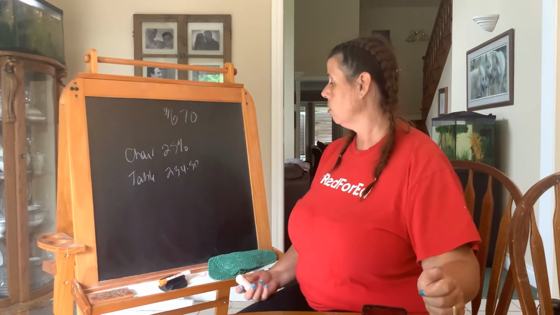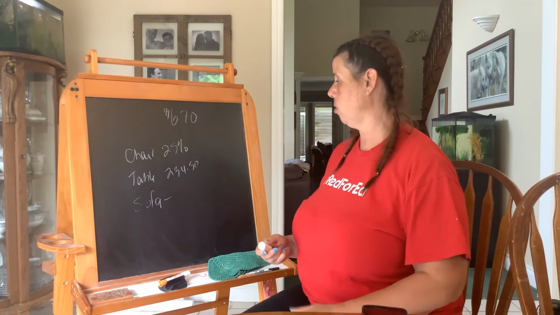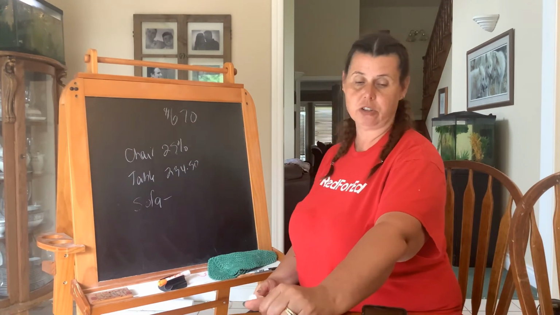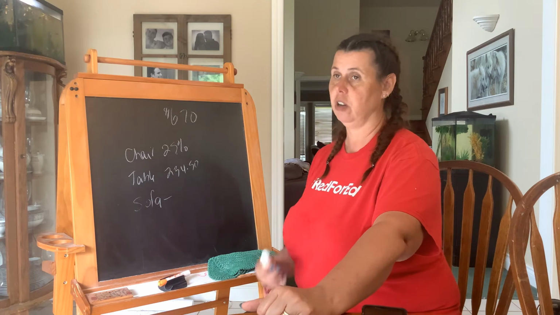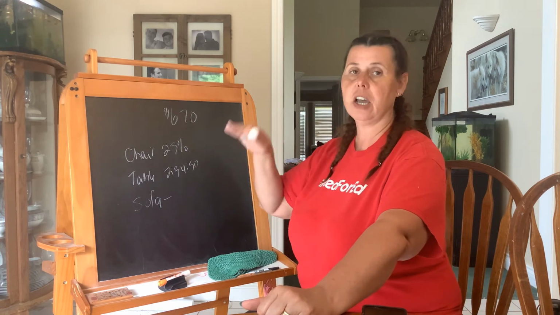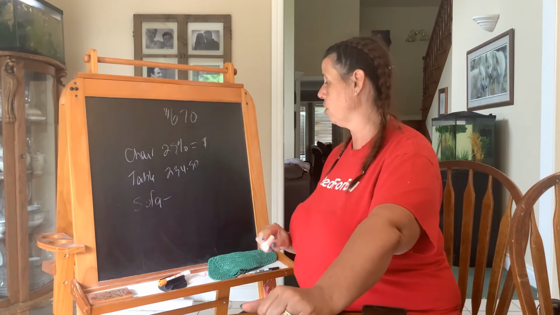Okay, so to figure out what the remaining sofa price was, we need to figure out what 25% of $670 is. You've done that a bunch of times. On your calculator, just go 670 times 25%. That will give you your dollar value for the chair.